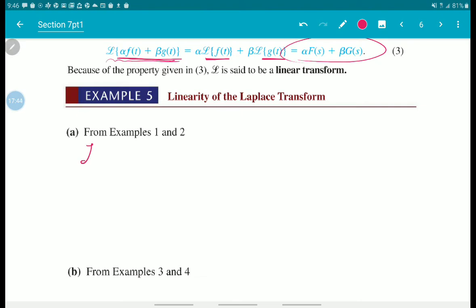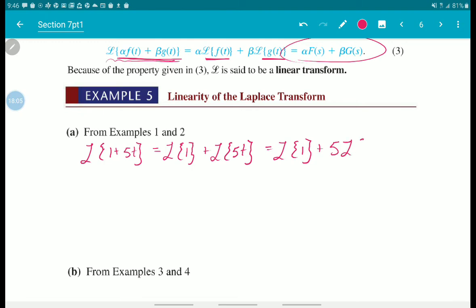Let's say we want to take the Laplace of 1 plus 5t. So that's the same thing as taking the Laplace of 1, which we've already found, plus the Laplace of 5t, which we've already found. And that's the same thing as taking the Laplace of 1 plus 5 times the Laplace of t.